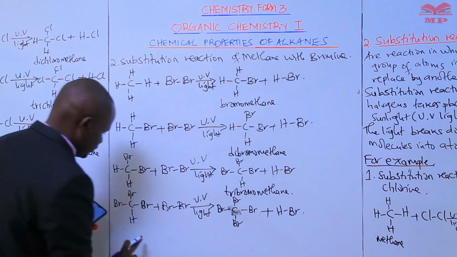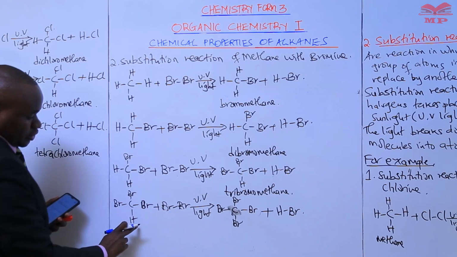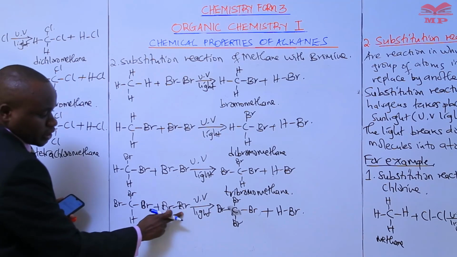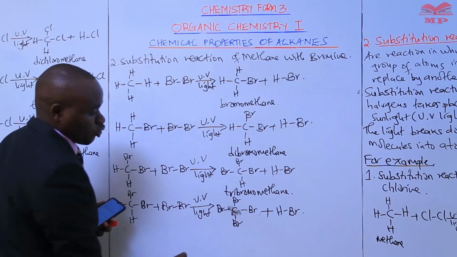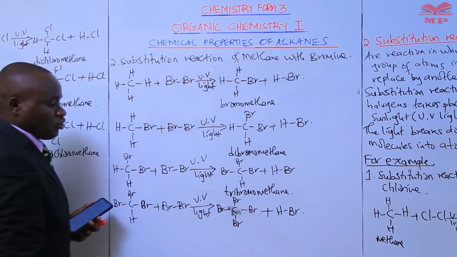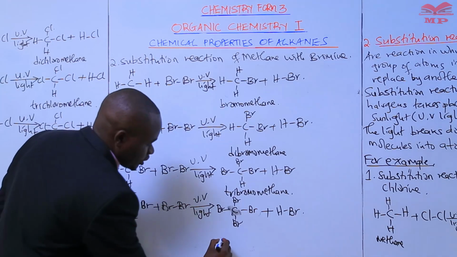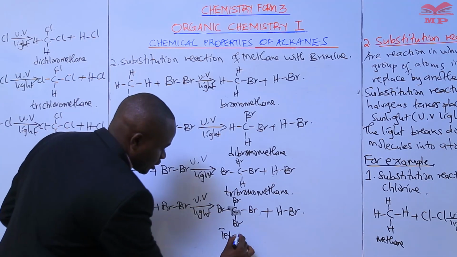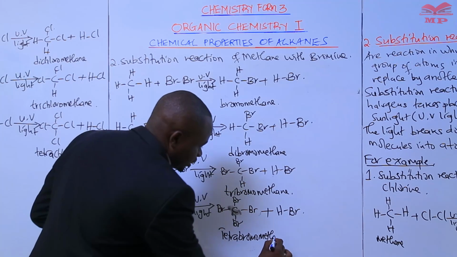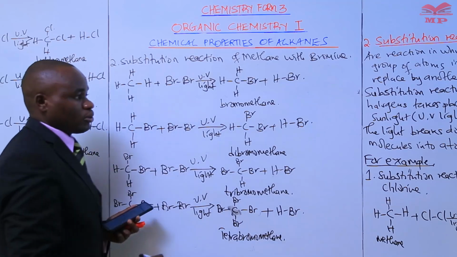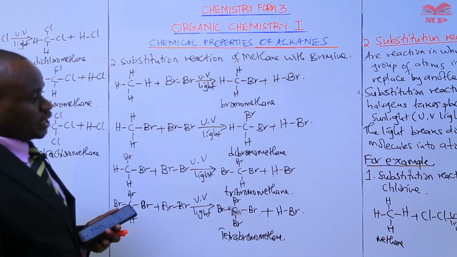So this hydrogen will be substituted by a bromine. Then this hydrogen combines with the remaining bromine, we get hydrogen bromide. So we have a new compound that has 4 bromine atoms. That compound is called tetrabromomethane. So that is how substitution occurs in alkanes.